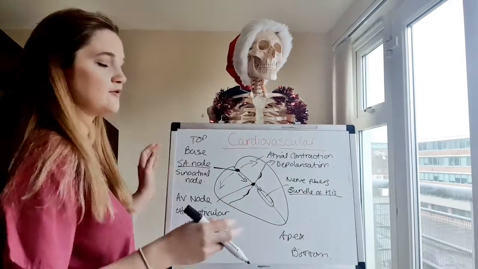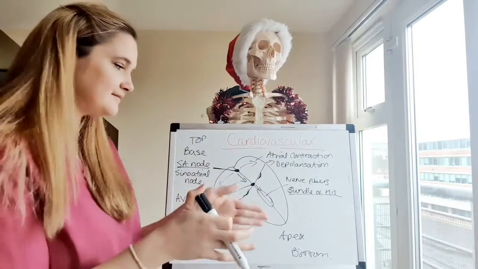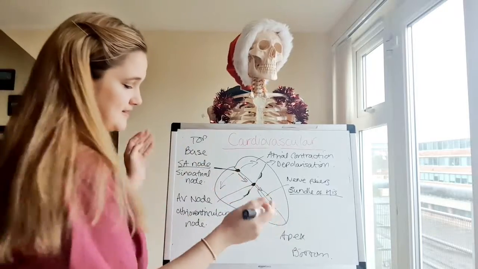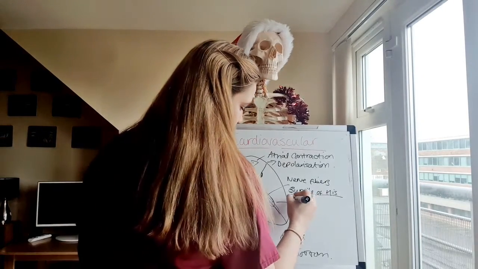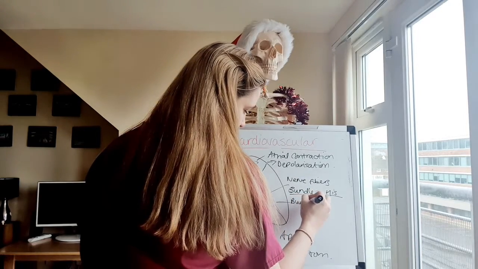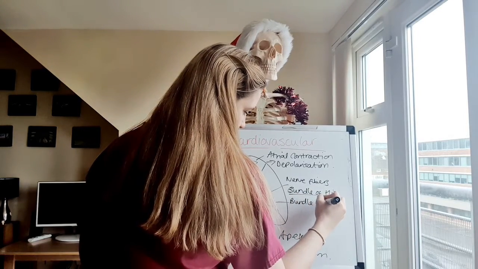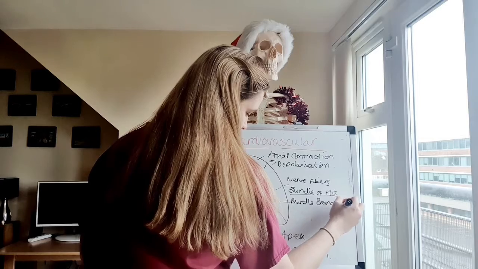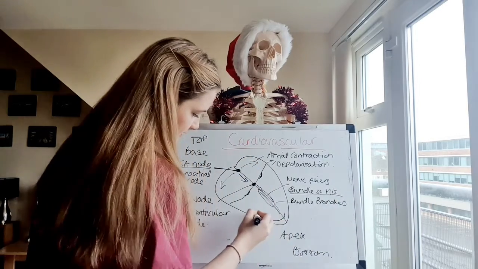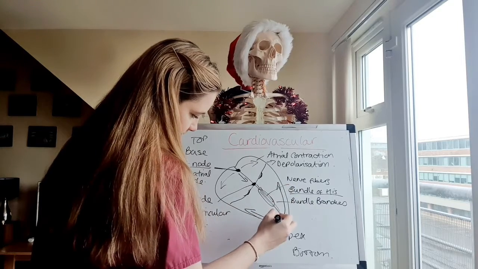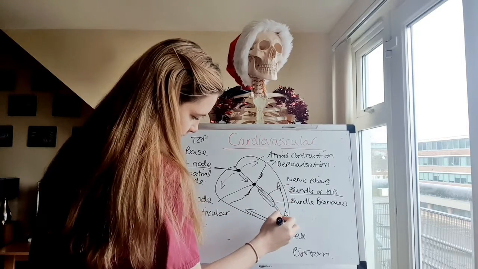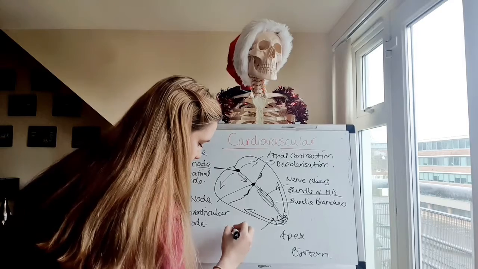Alright, and those bundles, that bundle of His branches into two. Okay, so it ends up being two, and these are our bundle branches. And then when we get to the bottom here, there are fibers called Purkinje fibers.